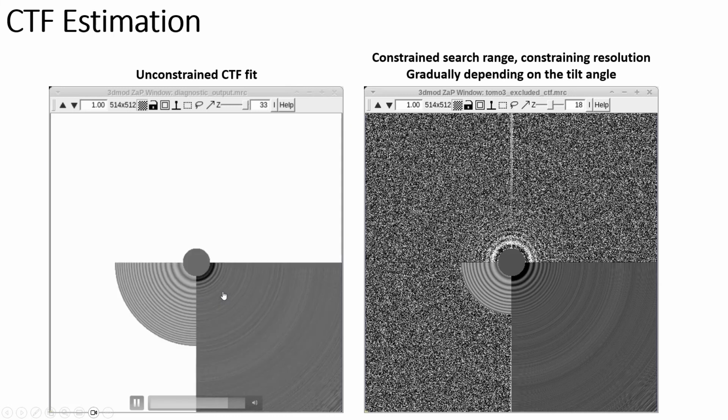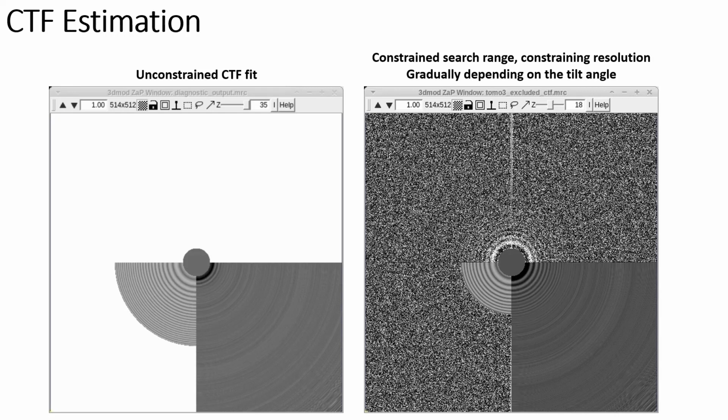Also, we usually give a range for the CTF fitting, and because these high frequencies are included from our measured data, sometimes a different defocus at the high frequencies will fit better than the low defocus, and therefore it will bias our defocus fit.